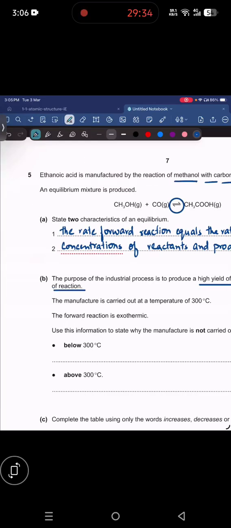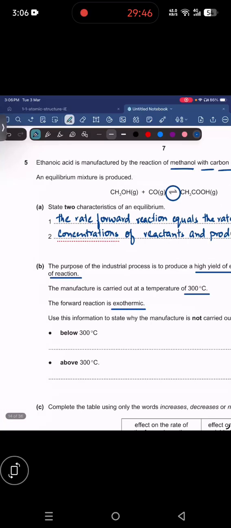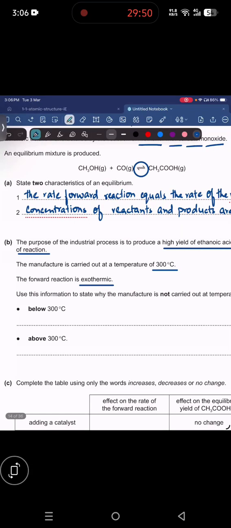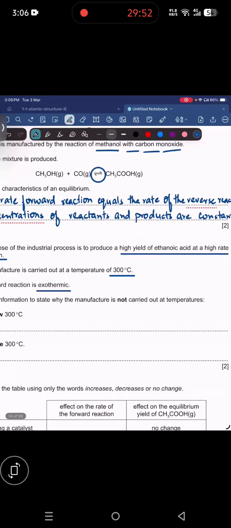Now, the manufacture is carried out at a temperature of 300 degrees C. The forward reaction is an exothermic reaction. Use the information to state why the manufacture is not carried out at a higher temperature.